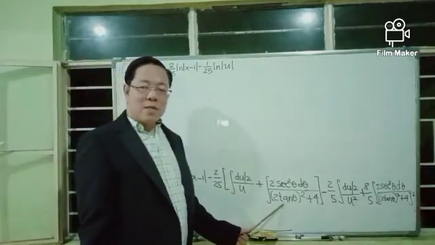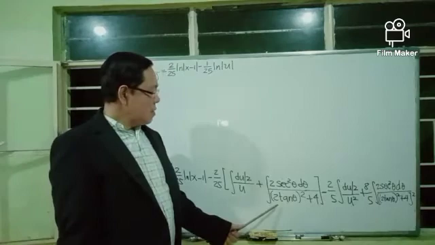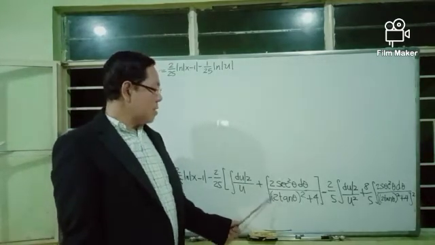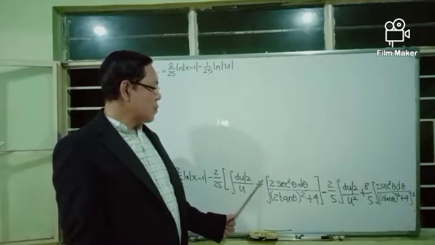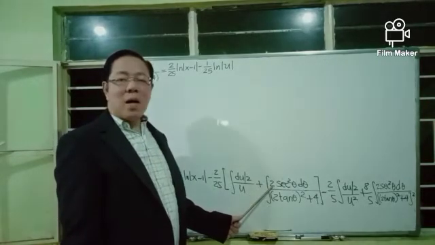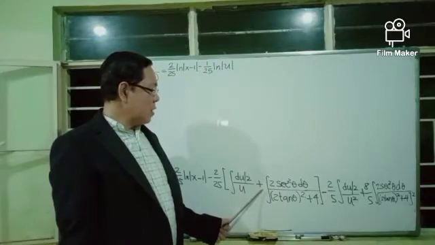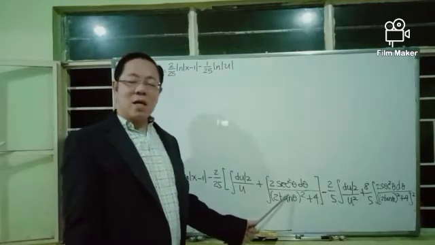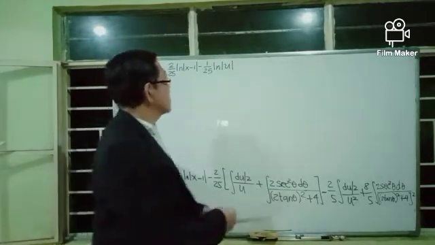Now we simplify this term by using a trigonometric identity. We have the integral of 2, which is a constant. We can apply one of the integration rules. So we write this as 2 times the integral of secant squared theta d theta.